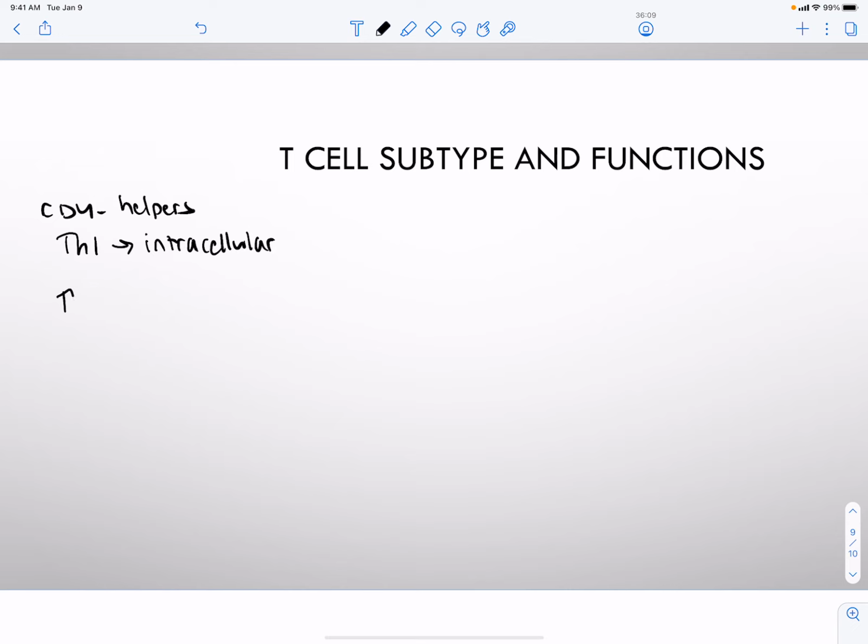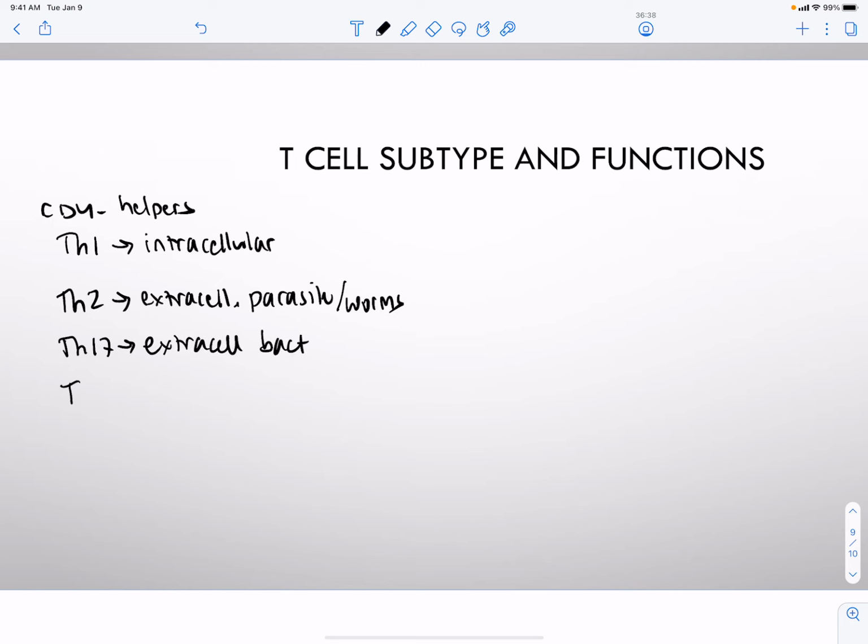We have our Th2, which is going to be for our extracellular parasites, worms. We have our Th17, extracellular bacteria, and we have our Tregs, which are our natural Tregs or our inducible Tregs.